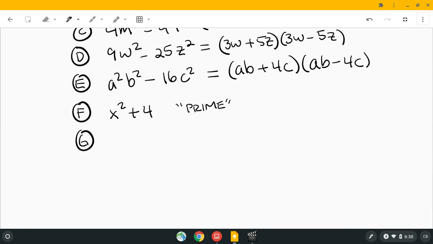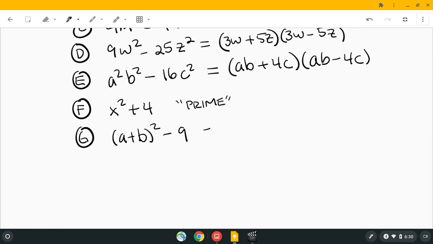And let's see if any of you guys can do this one. I'll give you a few seconds to try it. Again, just identify what's being squared and see if you can do it. Go ahead and hit the pause button. Okay, so if you can identify what's being squared here and what's being squared here, then you should be able to still follow that same structure.